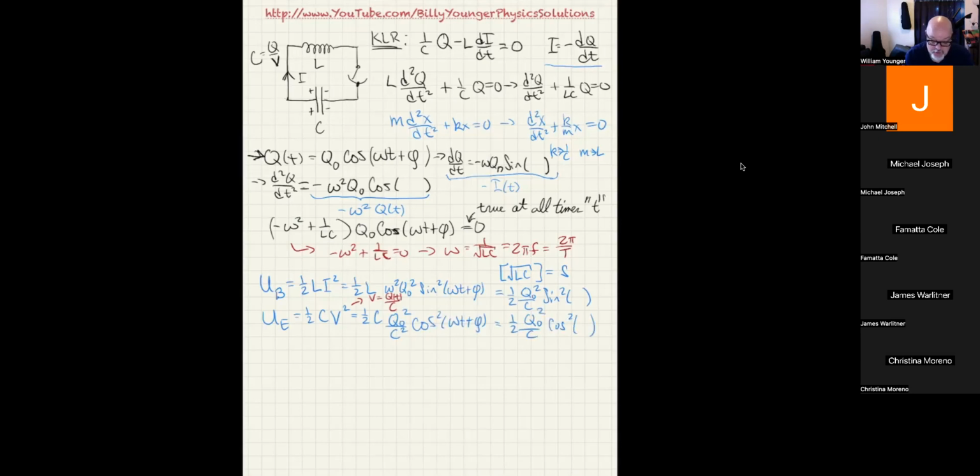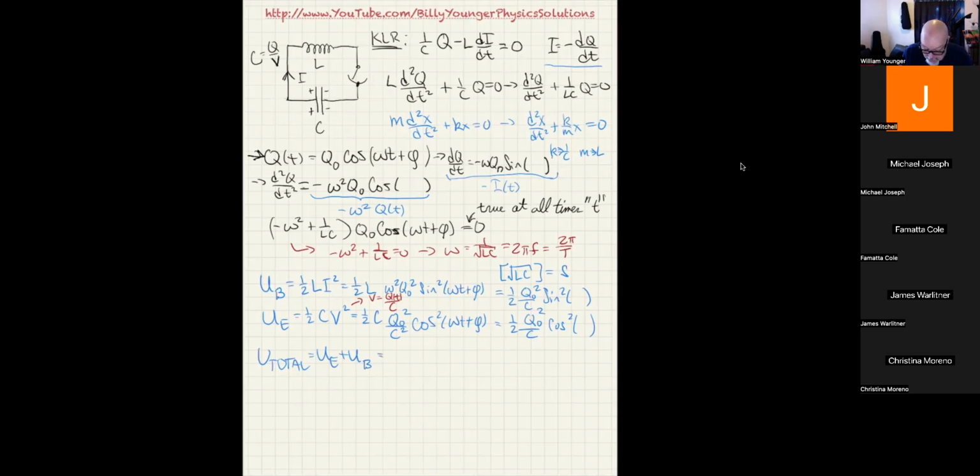So the total energy turns out to be UE plus UB. Notice this one is an ideal circuit that doesn't have any resistance, so we're not anticipating any energy loss. If you remember the last problem, we had some energy loss. In this case, we don't have that, so it really is truly a fictional setup.